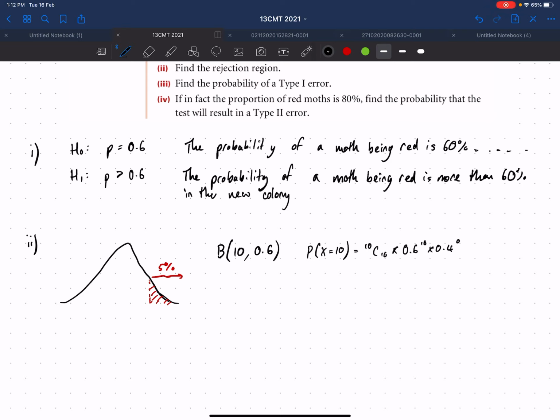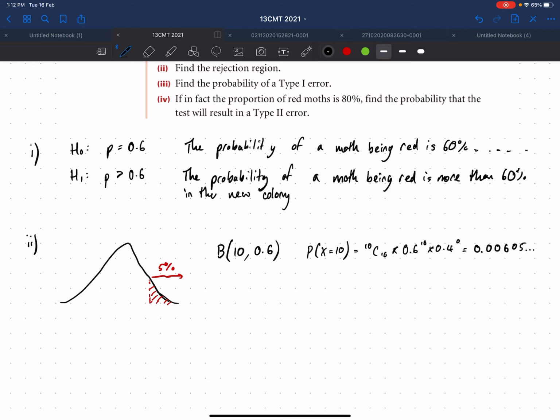You don't actually need the 0.4 to the power 0 because it's 1. You don't even need the 10c10 because that is also 1, so technically you only need the 0.6 to the power 10, but it's just good practice to write the whole thing. And that gives you a probability of 0.00605 to 3 significant figures. Okay, so that's not significant enough.